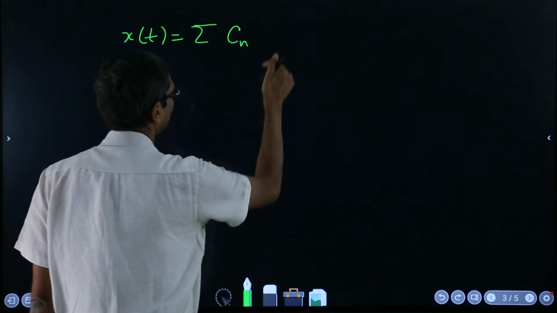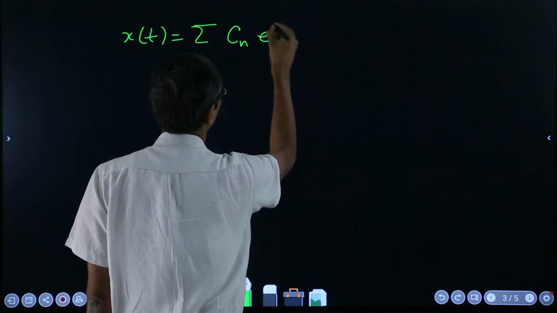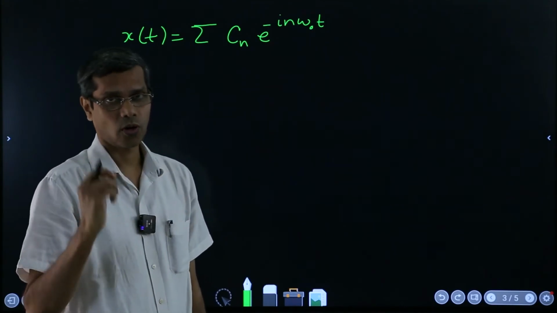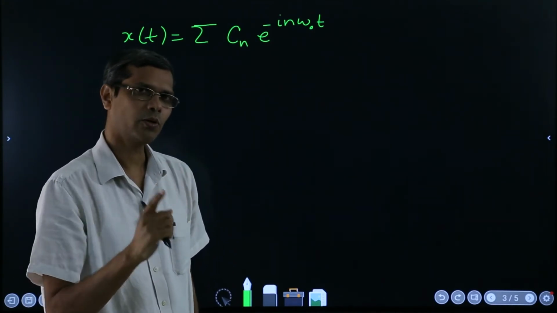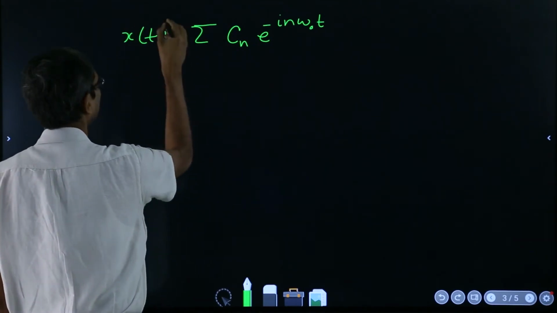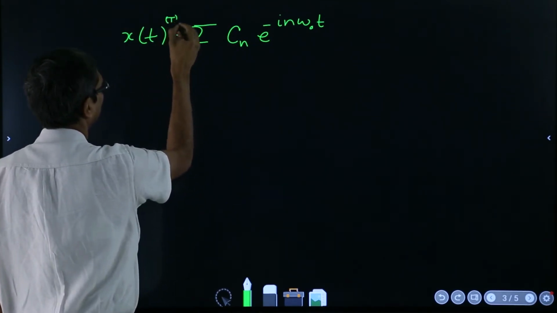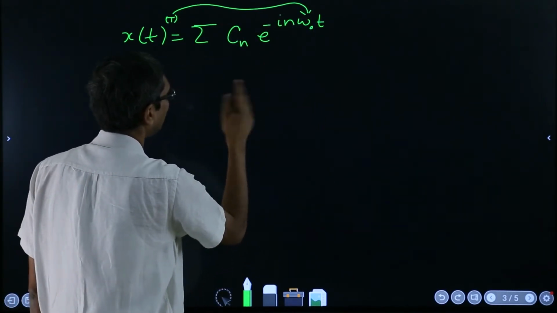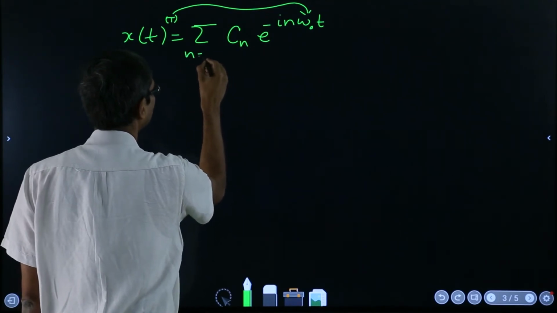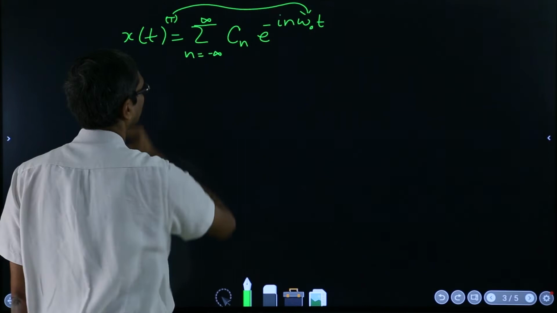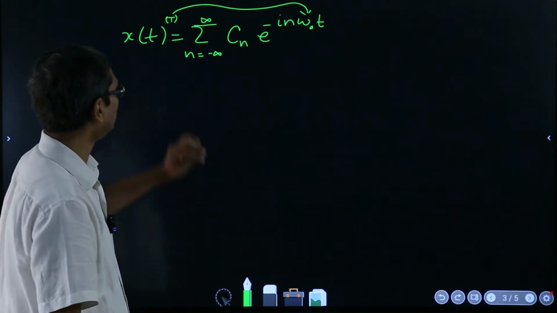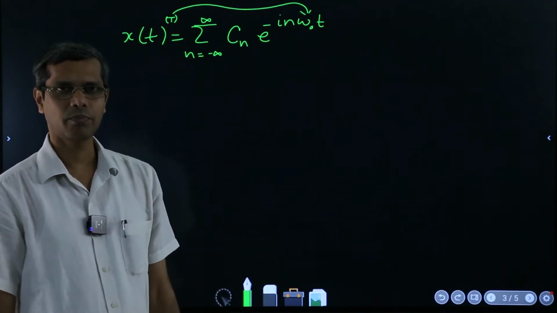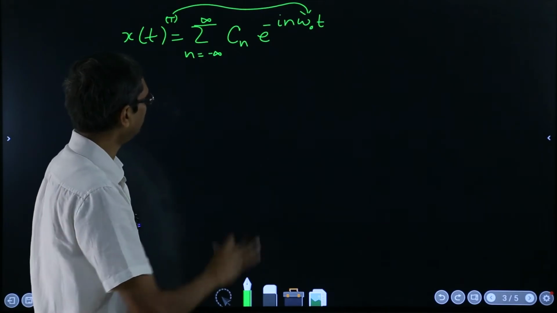So Cn times e raised to minus i n omega naught t. Always keep in mind what omega naught is. This is related to the period of the actual function xt. So this is with a period T, and this T is related to omega naught. Now having written that, here n goes from minus infinity to plus infinity. So once we do that, we could just remove the requirement of taking the real part of something. We just got rid of that.